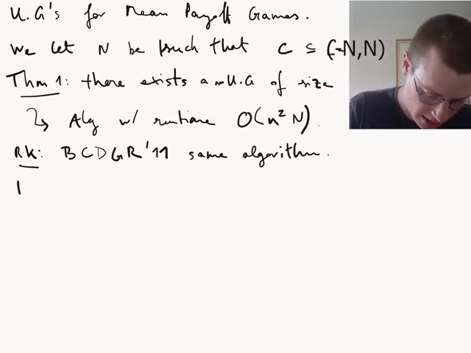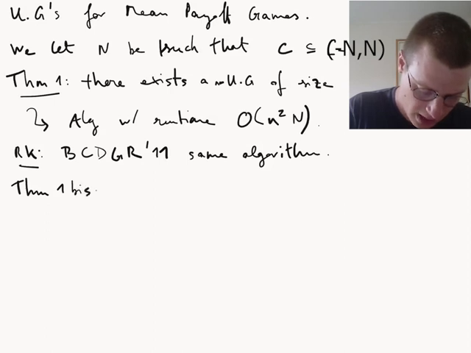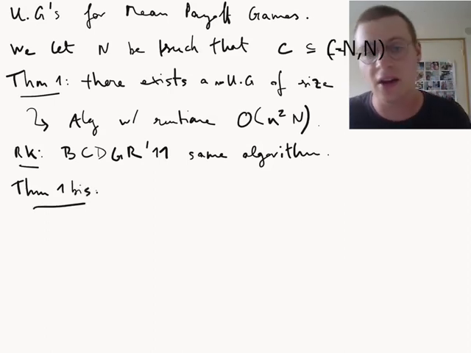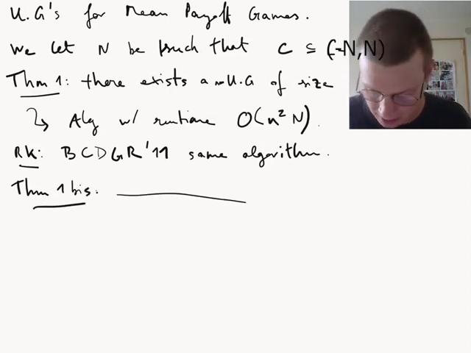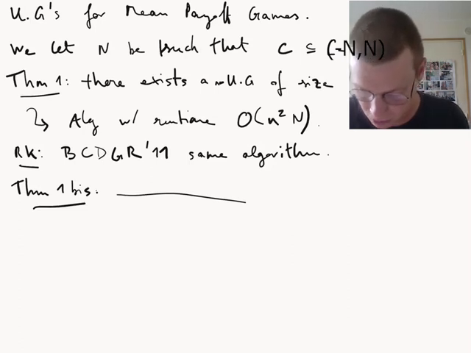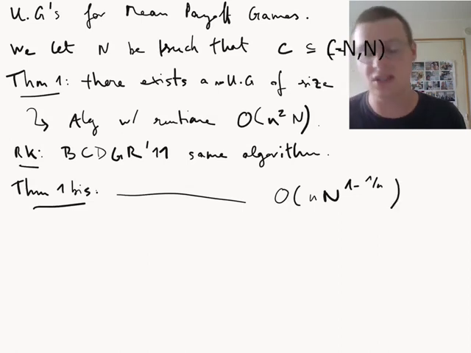Now, let's say this is theorem 1 bis, we can slightly enhance this result by giving a construction of a universal graph of size roughly n times n to the 1 minus 1 over n. This is just slightly better.